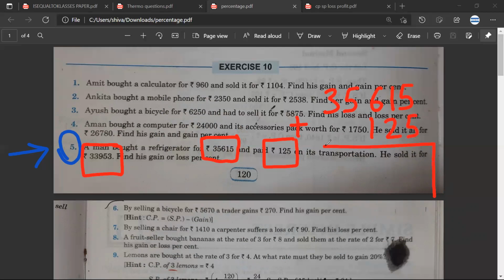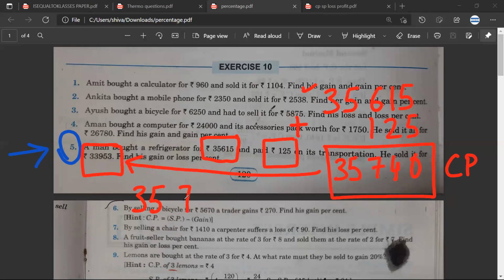See, the total cost price would be, this transportation cost would also be added to the cost price. So the cost price would be 550, 234, 617, 35740. But he is selling it at 33953. So he is making a loss.